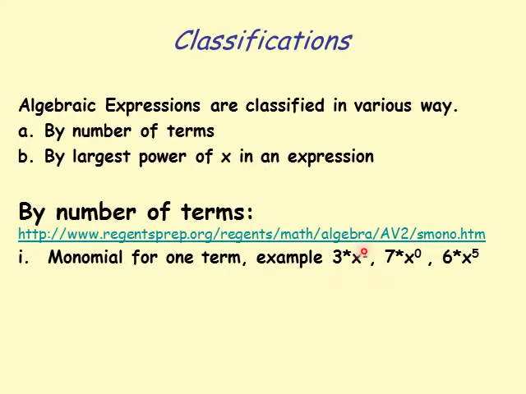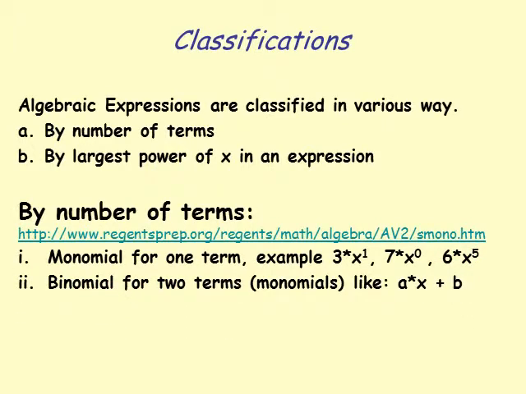These are single terms: a coefficient, which is a number, a variable, and a flag, the exponent. A number multiplied by a variable and a flag, one number, one variable, one flag, is a monomial. Here 7 is the number, 0 is the flag, and x is the variable, so this is one monomial. This is also a monomial. Let's continue here.